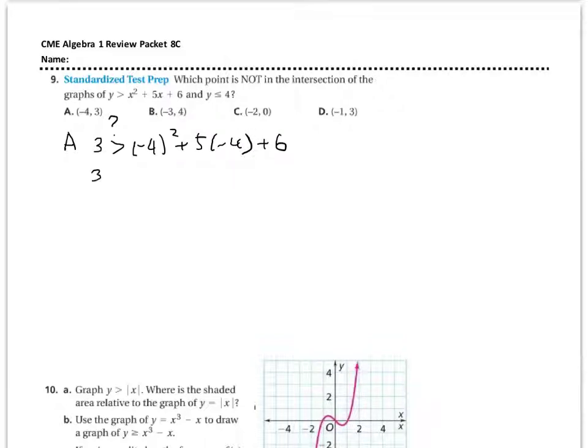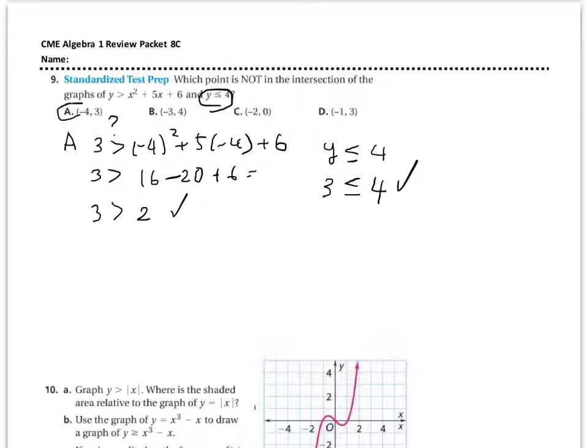It's 16 minus 20 plus 6, which is 2. So 3 is greater than 2, that's good. But we have another one: is y less than or equal to 4? In this case, y is 3, and 3 is less than or equal to 4, so A is good. How about B? How about C? You plug in different numbers to see if there is some contradiction, then that's going to be the answer.